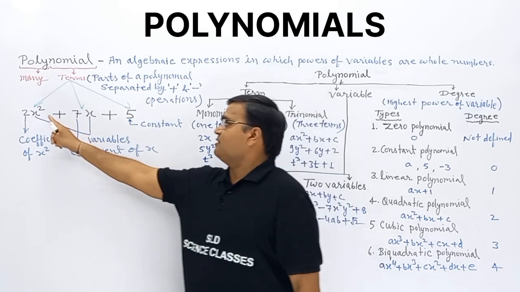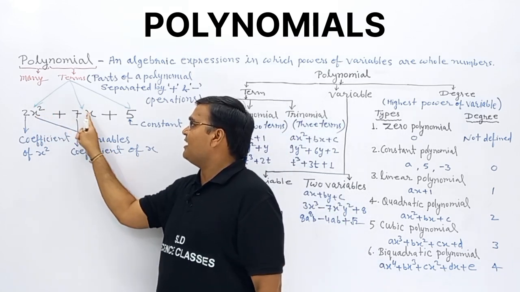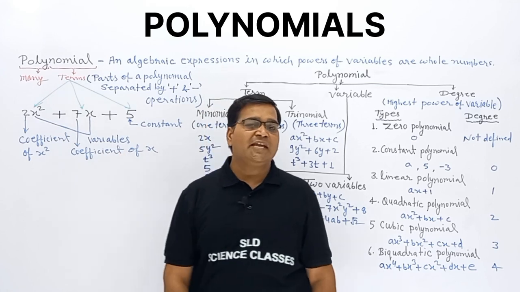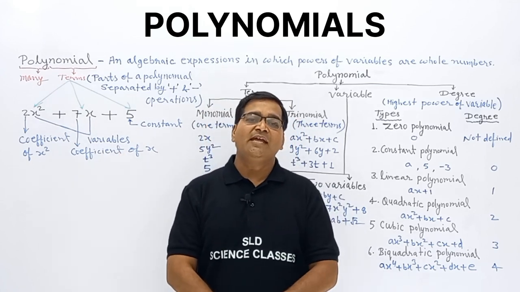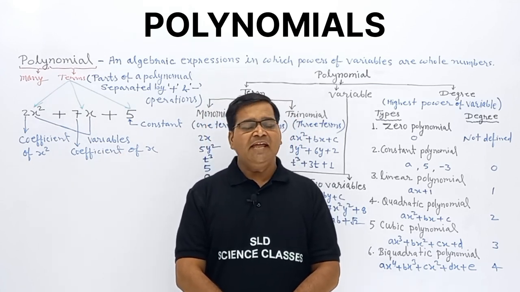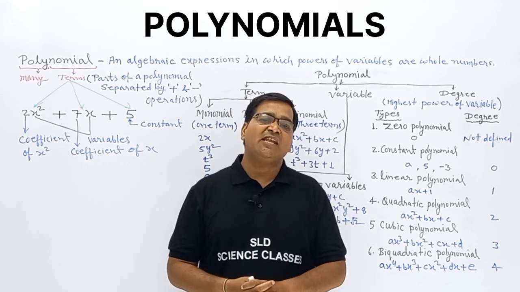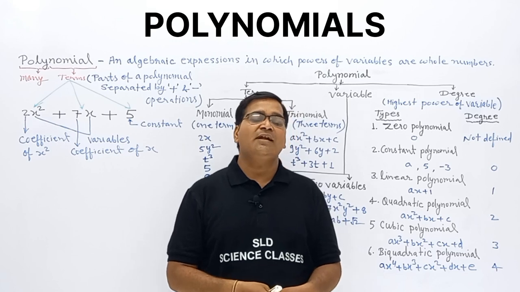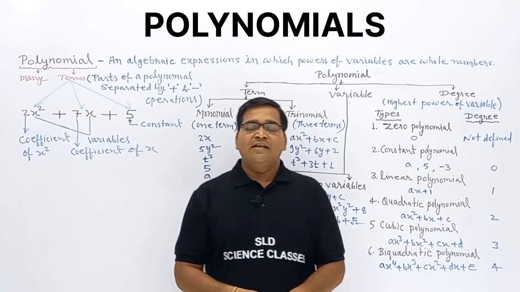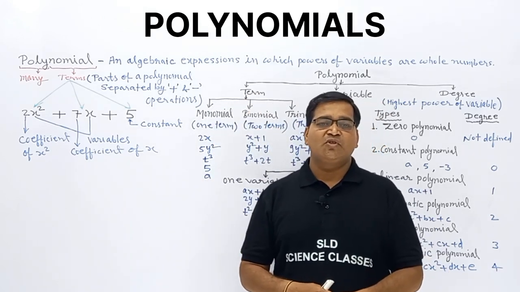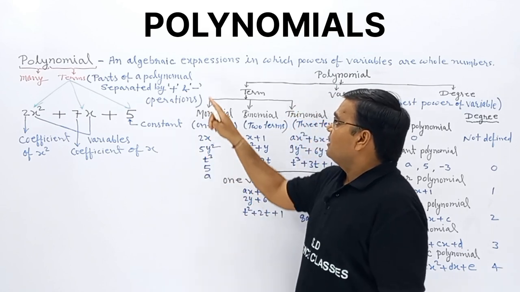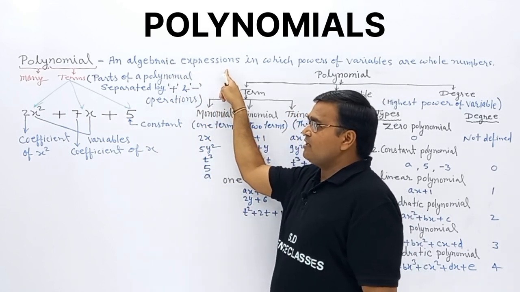But x square and x, what are they? Variables. They vary with time. They are varying in this problem. Throughout this problem, the variable is varying, but the constant does not change. So what can we say?